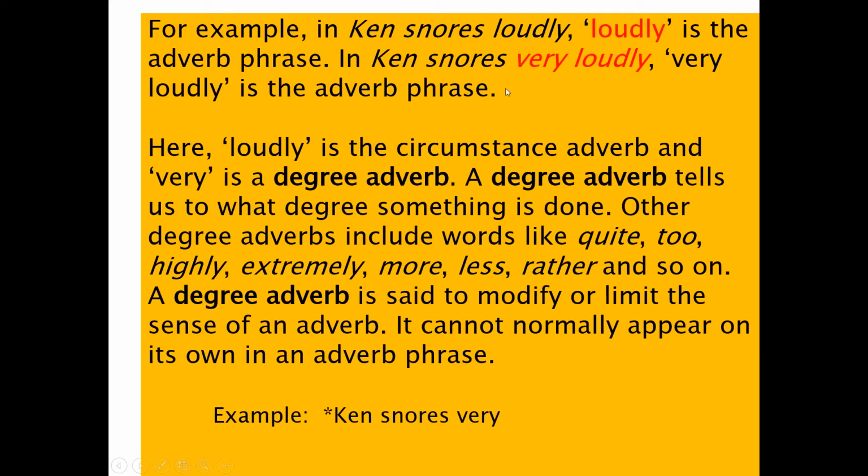So that is an adverb of degree. So very loudly is an adverb phrase. So we have a pre-modifier, which is very, like with adjectives: very good, very loud, very strong, very strongly, very powerfully. So here loudly is the circumstance adverb, and very is a degree adverb, or an adverb of degree.